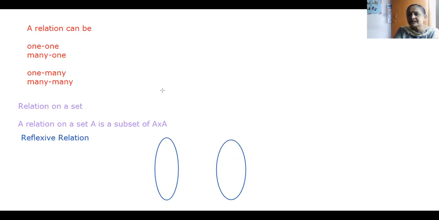Suppose the elements in A are 1, 2 and 3. Here also I'm having the same set, so it will be 1, same set I'm copying, 2 and 3.